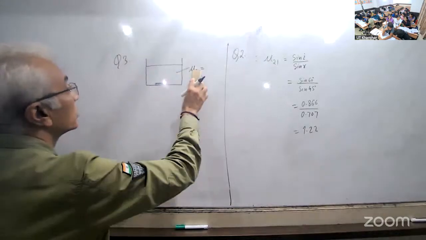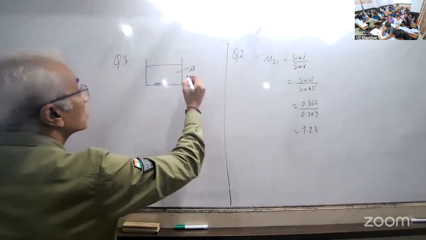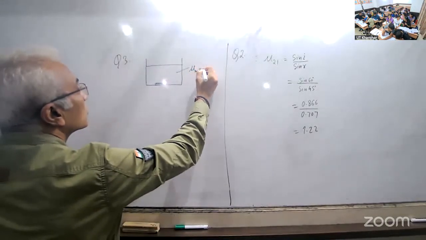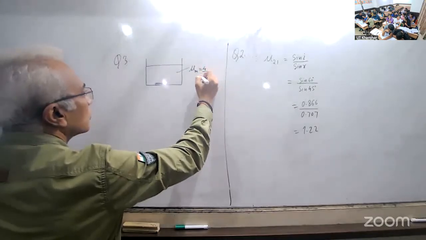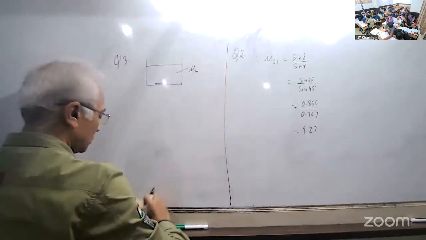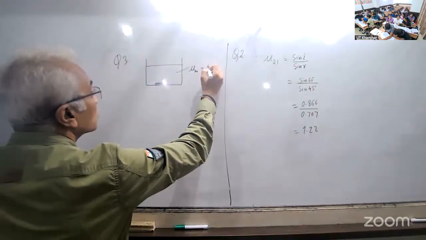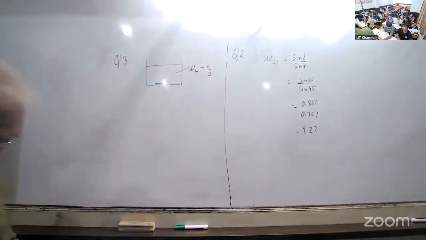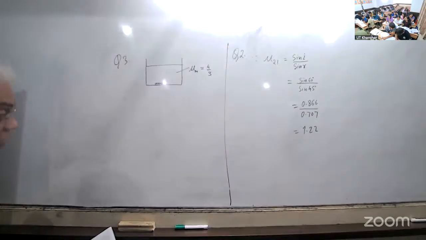Four by three. This is 4/3. Then what is given?